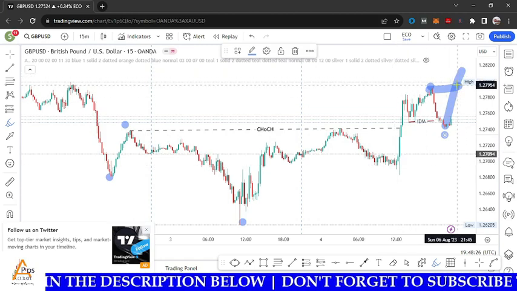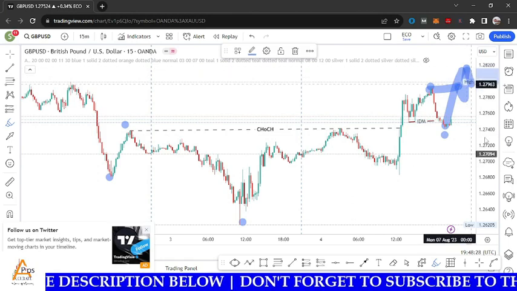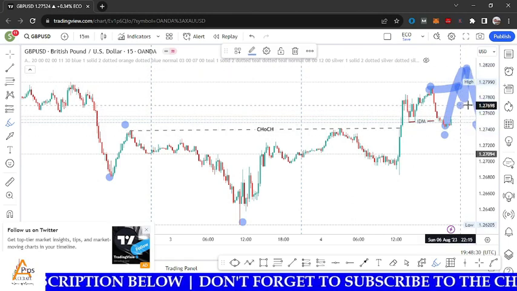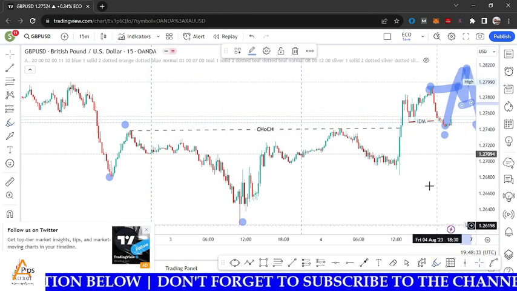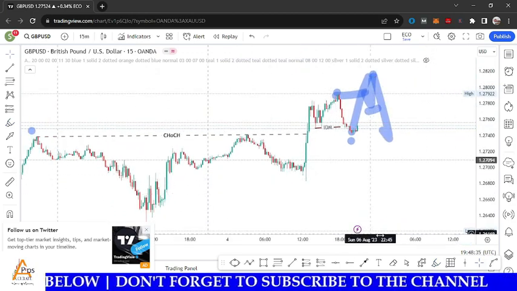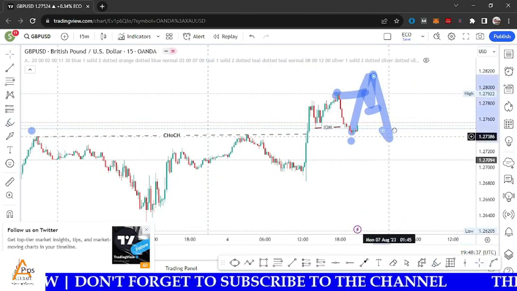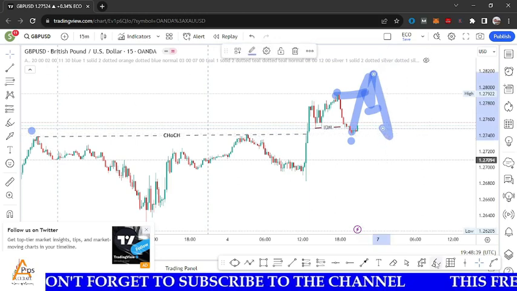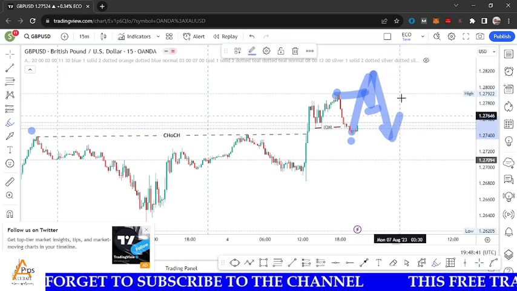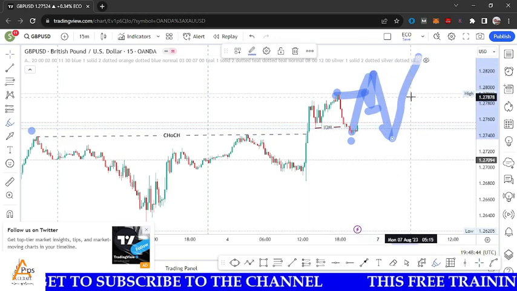Then we'll be expecting, if let's say there was some inducement before this movement, the inducement to be taken out. Okay, we expect the inducement taken out, and then maybe we create a new high to continue the bullish trend.